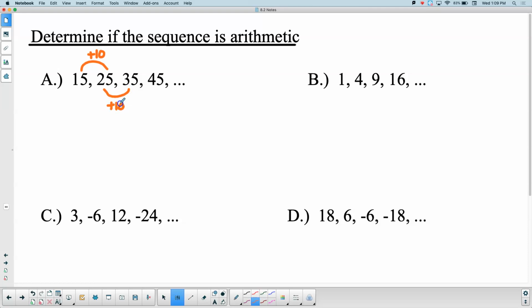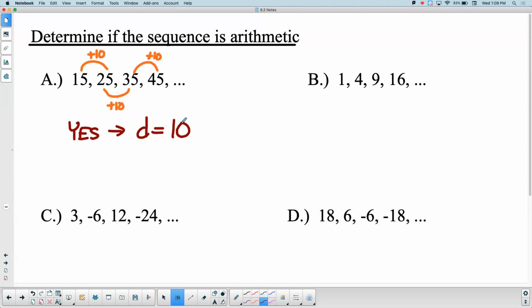Adding 10. Always adding 10. So is it arithmetic? Yes. That common difference, the symbol for it is just a D. So our difference there is 10.